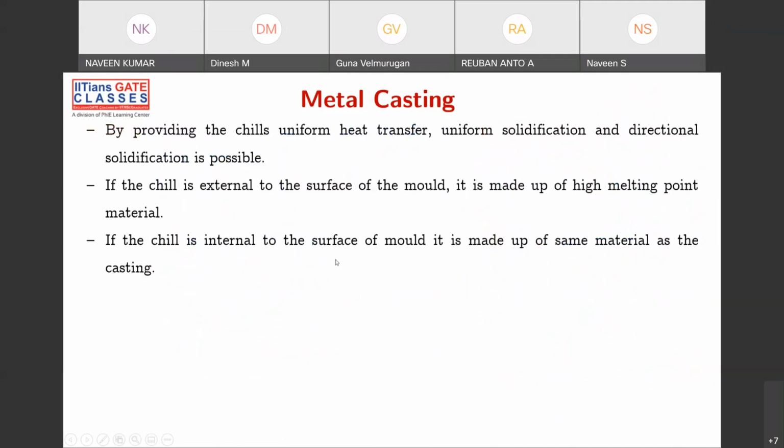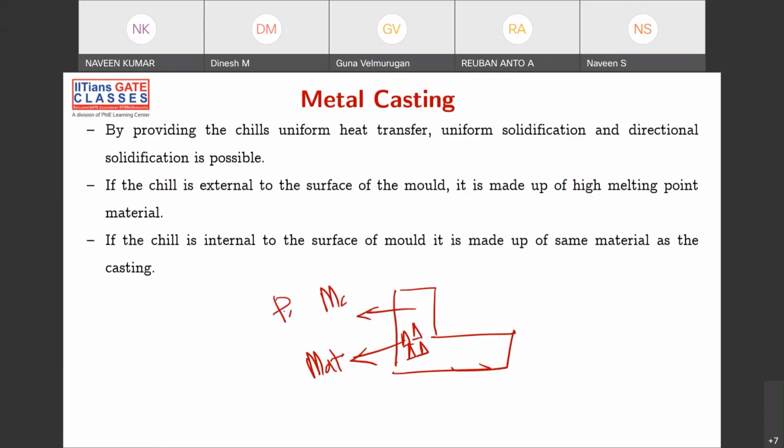And if the chills are external, we can provide internal chills also. How? If you have an object like this, then inside, before pouring itself, I'll put some metallic objects inside. And please remember, the material of these chills should be equal to the material that you are pouring.